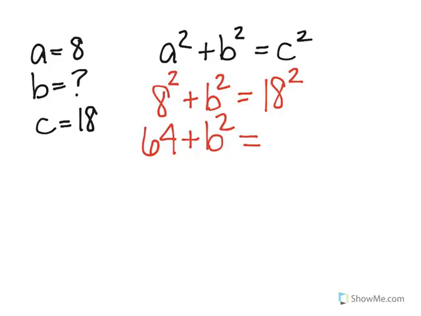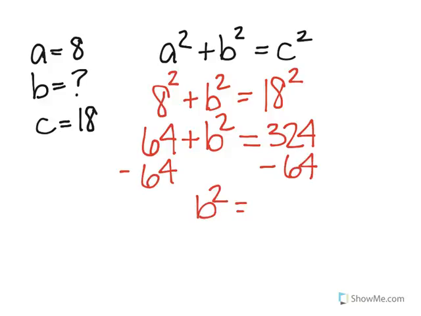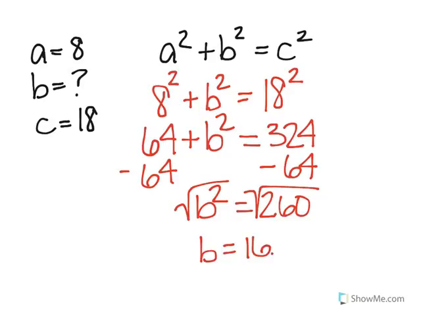As I do that in my calculator, 18 squared is 324. Subtract 64 from both sides. B squared equals 324 minus 64, which is 260. Take the square root of both sides. So I take the square root of 260, and I get approximately 16.1. So that's that answer.